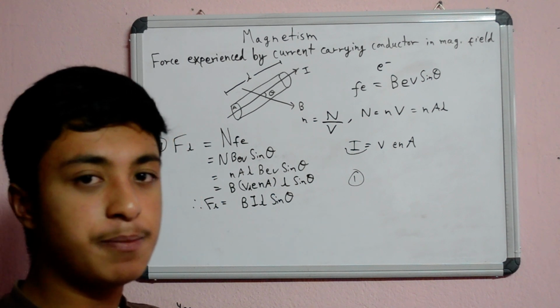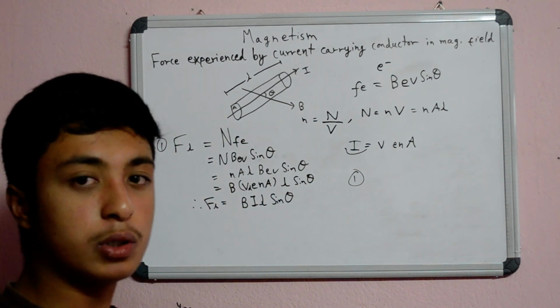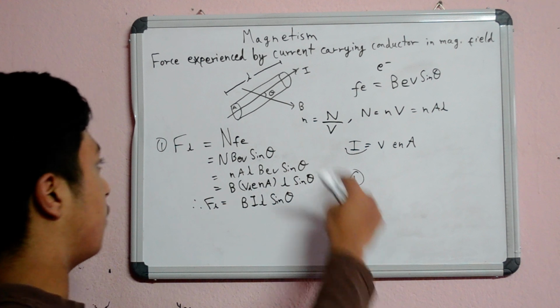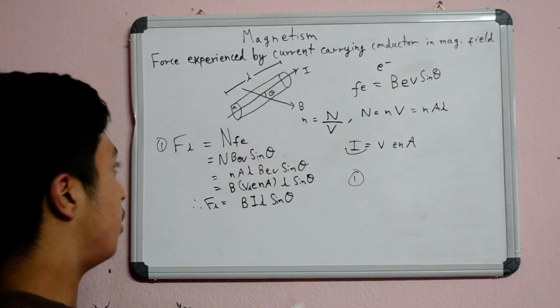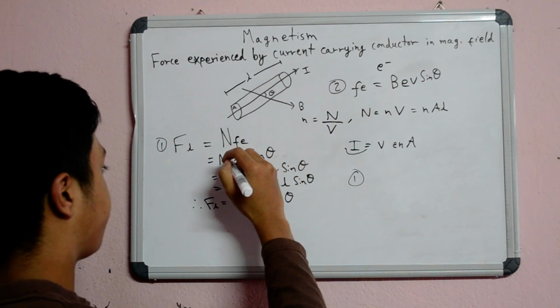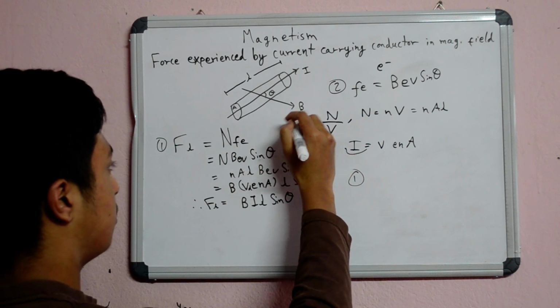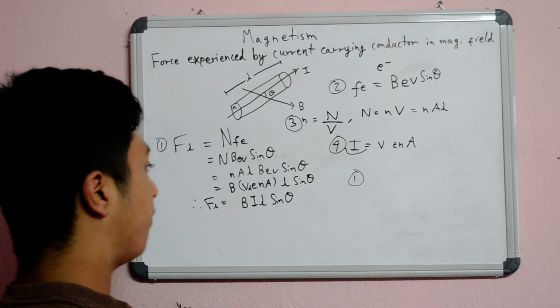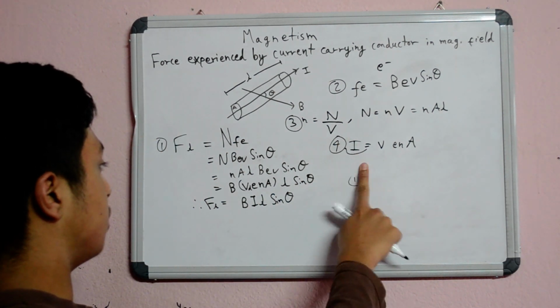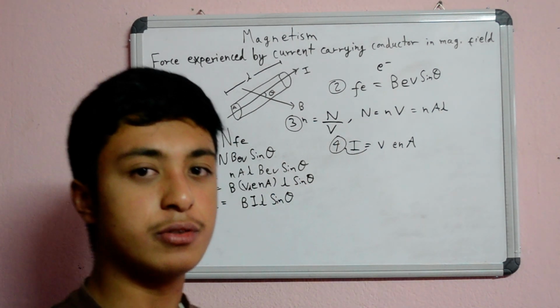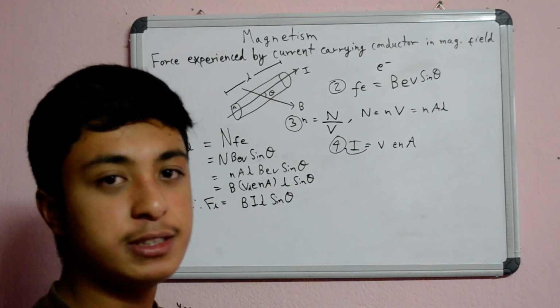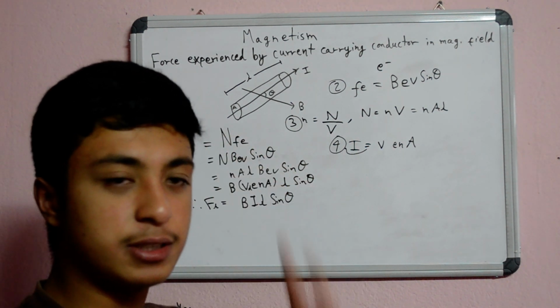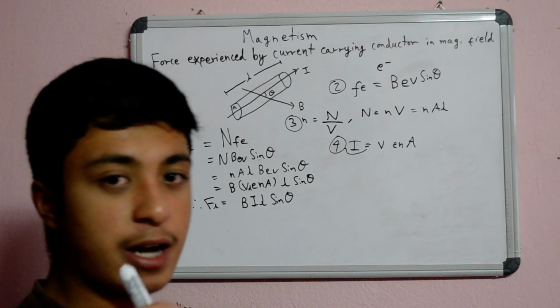Third, you have to find the total number of electrons in terms of volume. And lastly, you use the formula, and finally you get the Lorentz force. So these are the four steps that you need to remember and practice. But it is logical, so you can interpret this in your mind however you want.